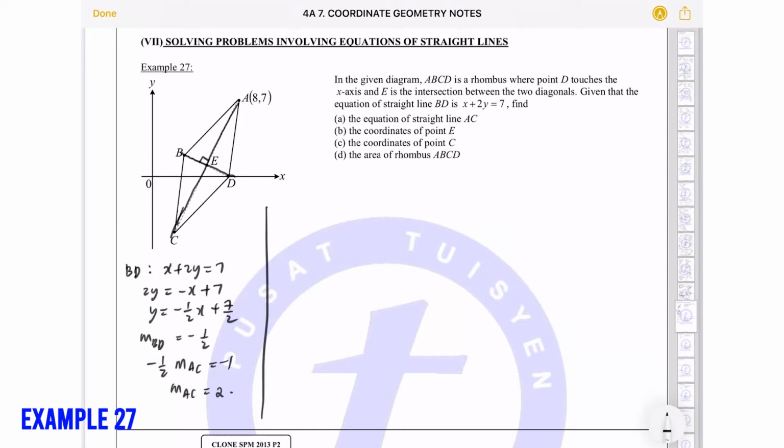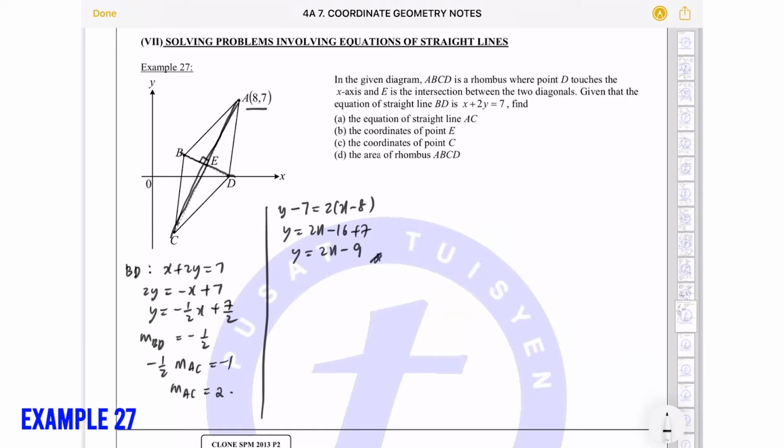Since AC passes through point A, when you form the equation y minus y1, we use coordinate point A. Your y1 is 7, gradient is 2, x1 is 8. When I expand, I get y equals 2x minus 16 plus 7, which is 2x minus 9. So that is the equation of AC.